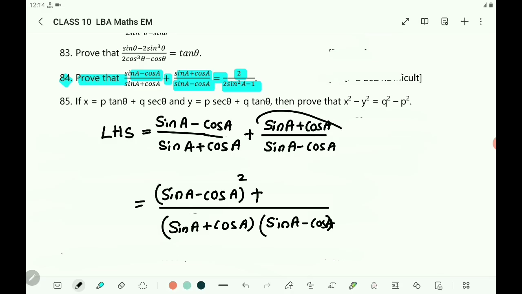Plus this also, sin A plus cos A into sin A plus cos A becomes sin A plus cos A whole square.